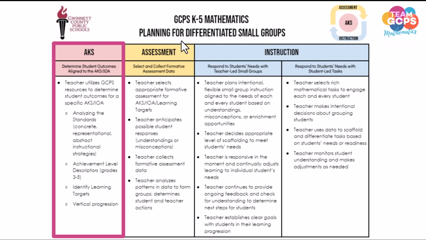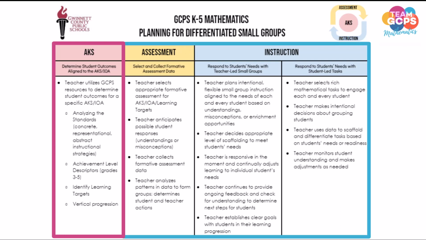Be aware of student skills previously taught and what skills students will need to have to be successful in the following year, and also identifying those learning targets. Today, though, we're going to take a look at the assessment and instruction portion of this document and how the document supports our task-based instruction in the classroom.